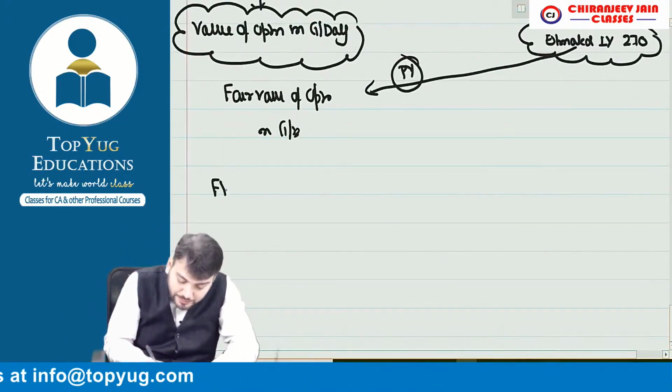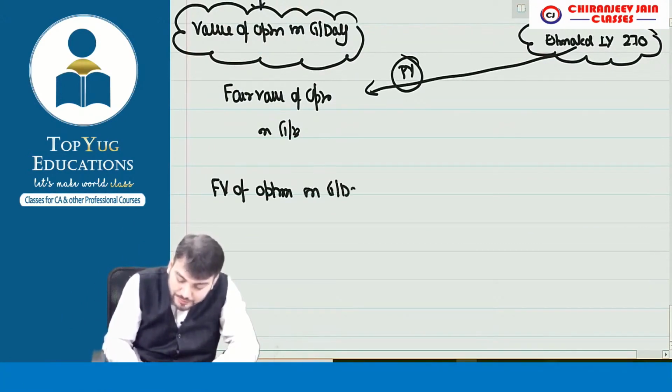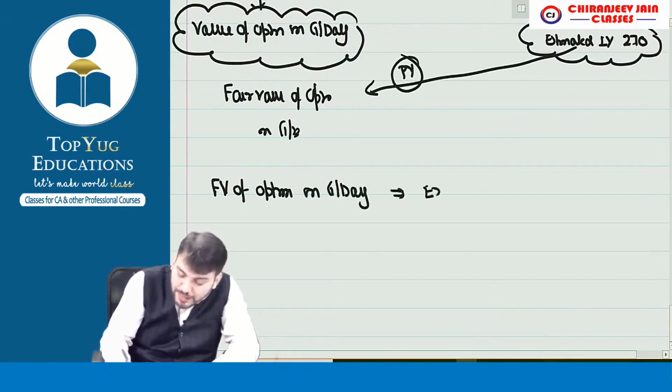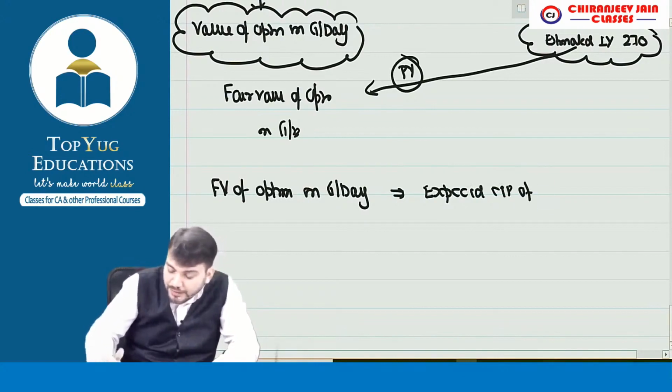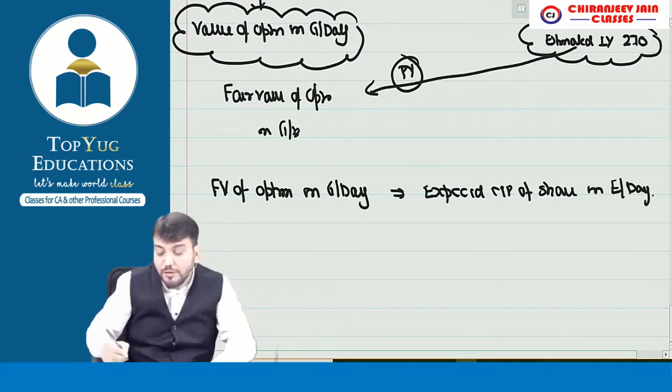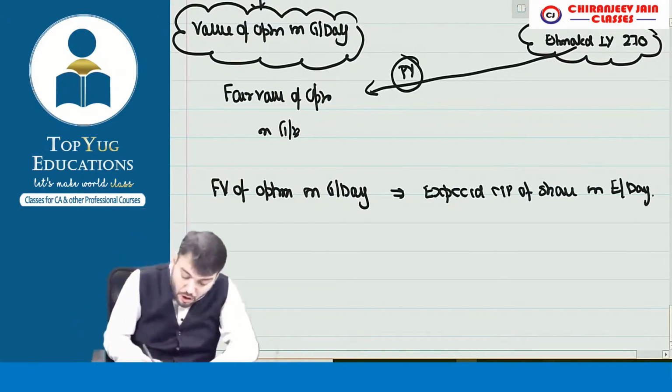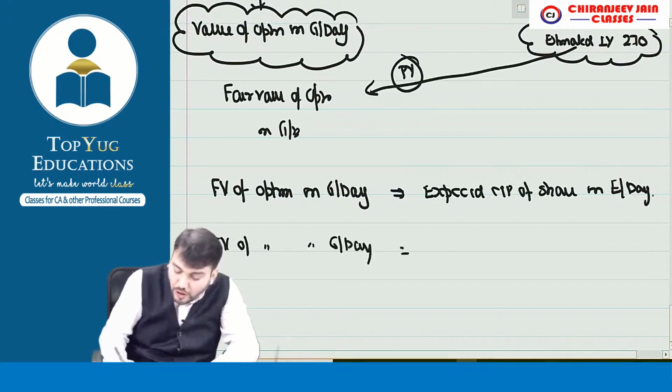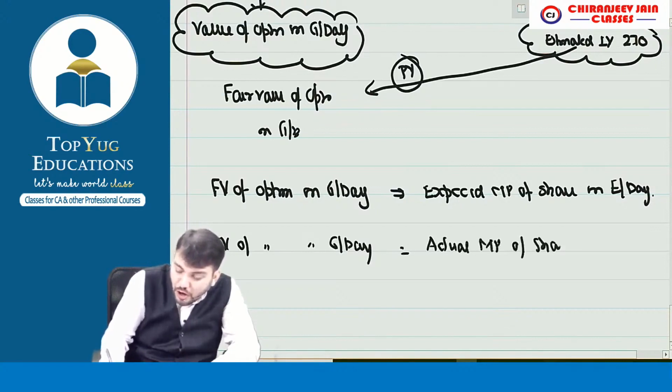Either you calculate the fair value of the option on the grant day, which is based on the expected market price of shares on the exercise day, or you calculate the intrinsic value of the option on the grant day, which is based on the actual market price of shares on the grant day.